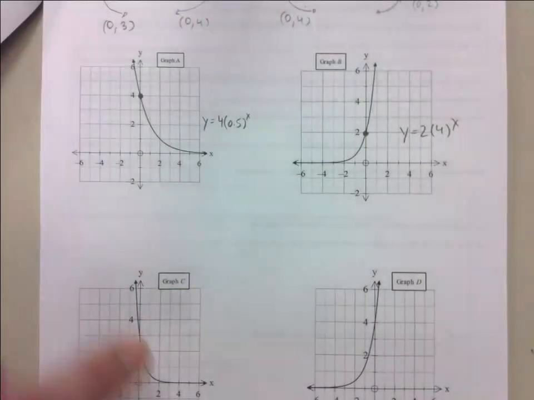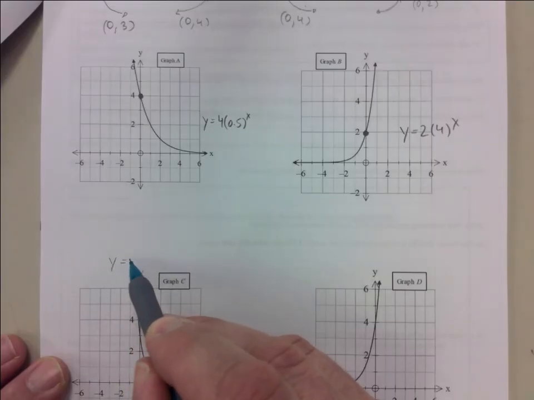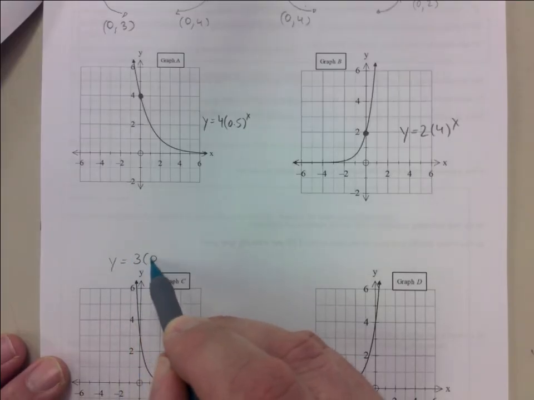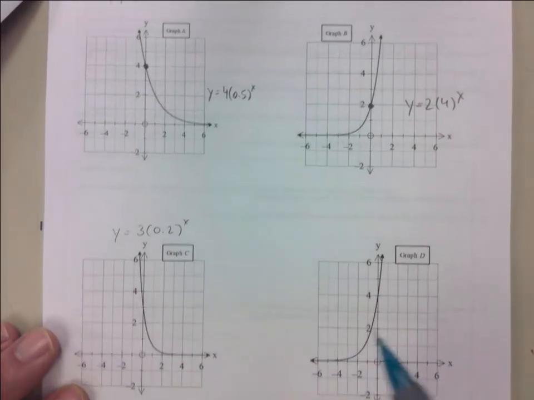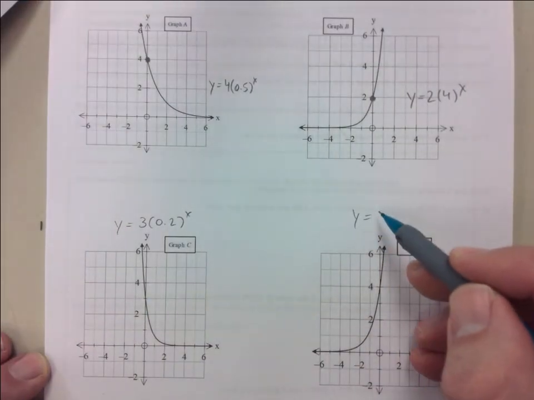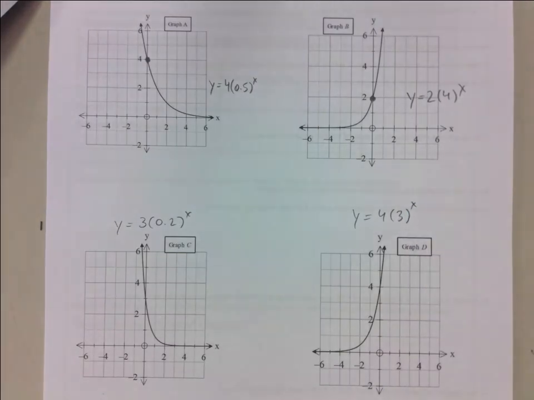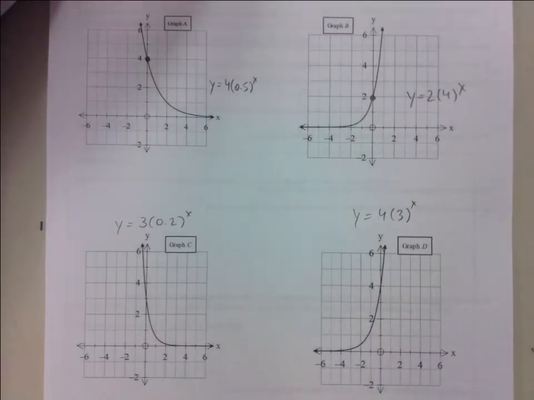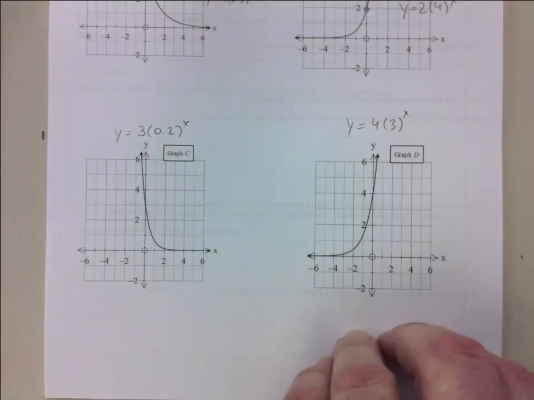This one is decreasing and this one is increasing, so I know that this must be this one. And I see that it has an intercept of 3. So therefore, this has to be 4 times 3 to the power of x. Okay? So you have that there for you. I'm going to stop here.